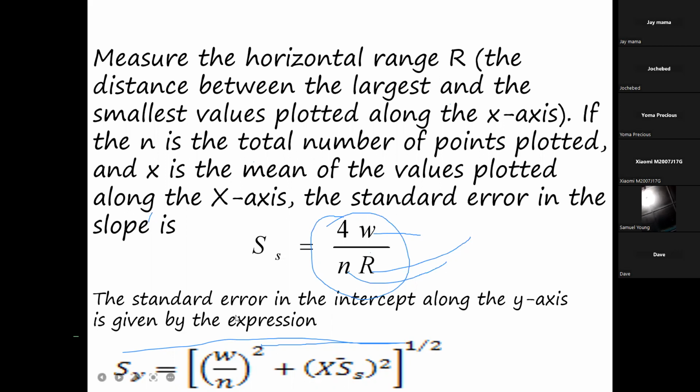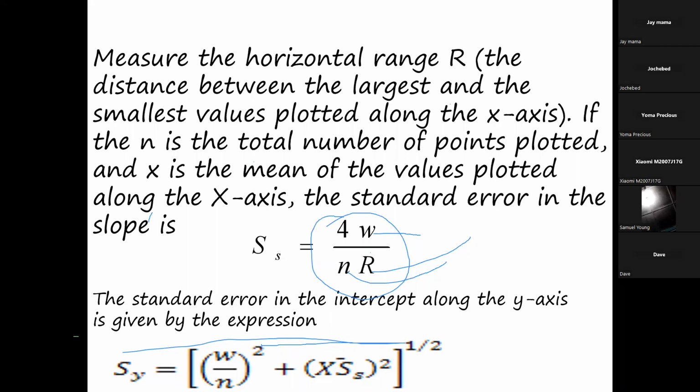Your N is your number of points. Your X bar, take note, this X here is bar. Your X bar is simply the mean on the x-axis, so you are going to calculate the mean on the x-axis. While your S subscript S here is your standard error in slope.